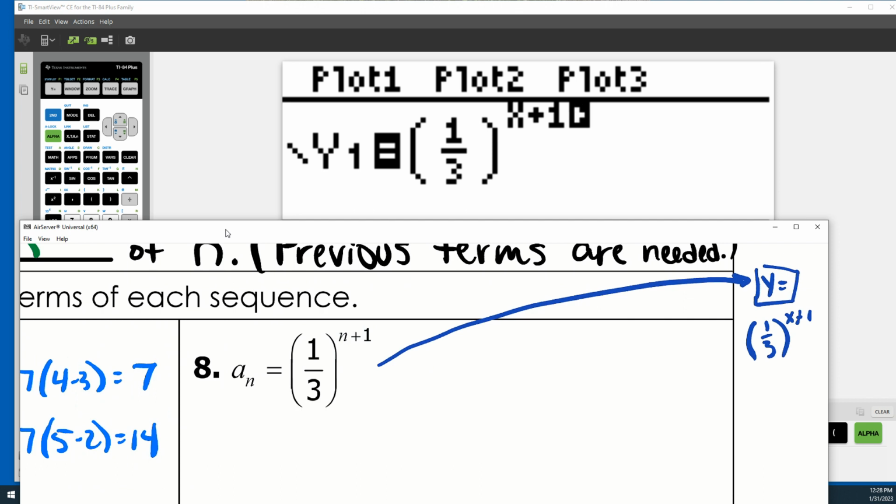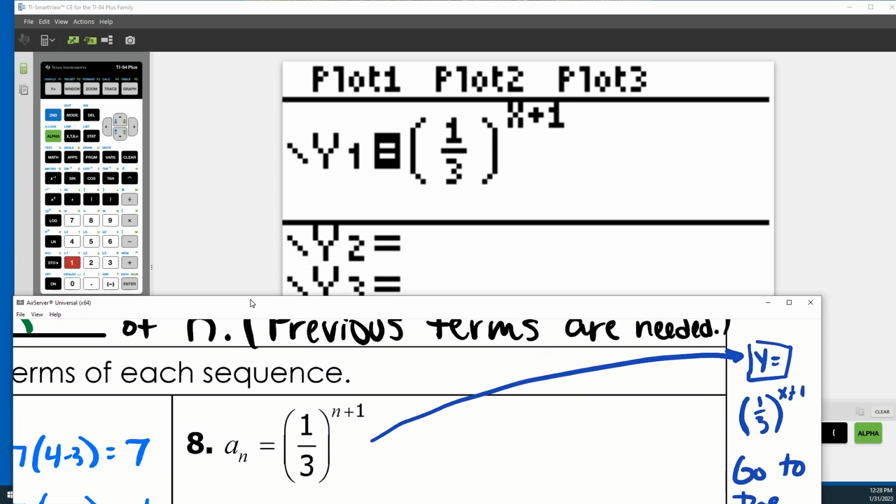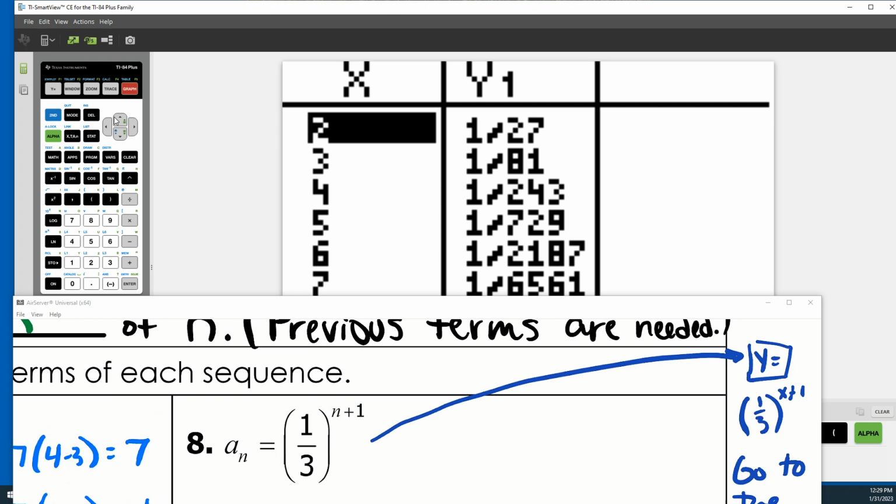All right, so after you do y equals and plug it in, then you're going to go to the table. So that's second, and then graph.